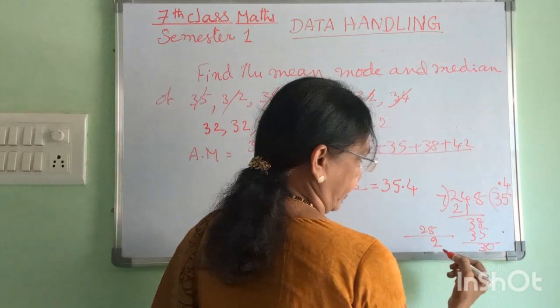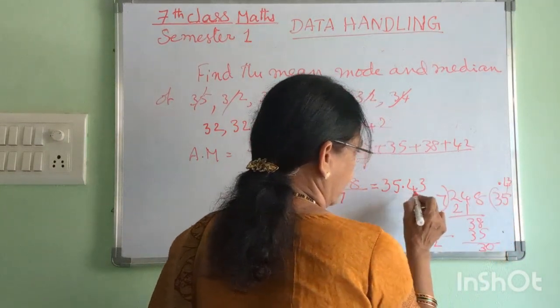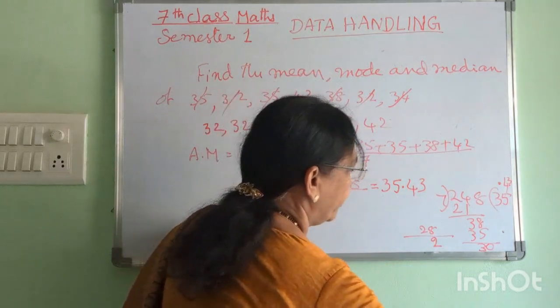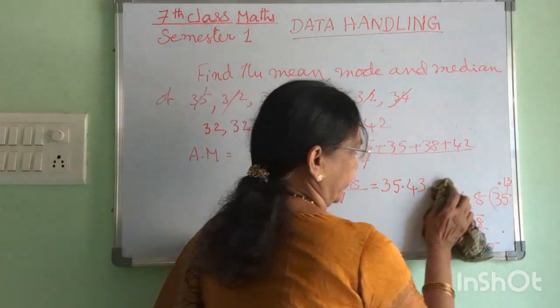So 2. We can approximately take it as 3. So the mean is 35.43.